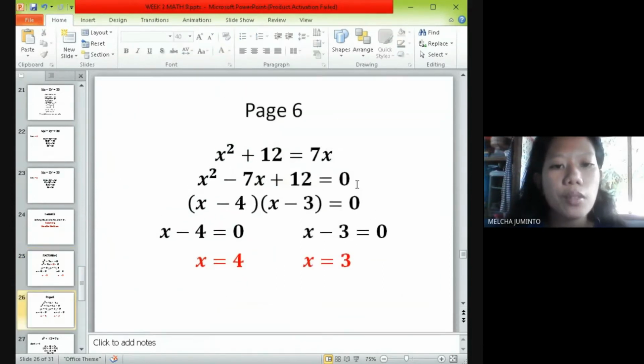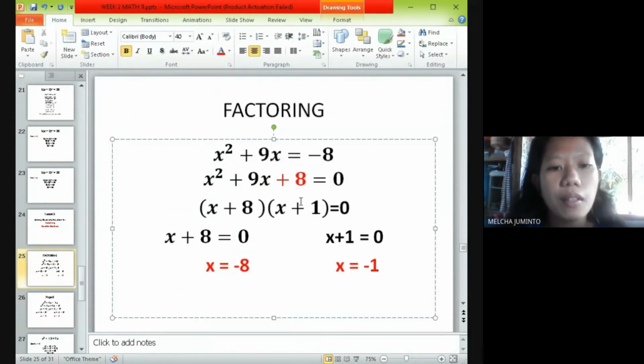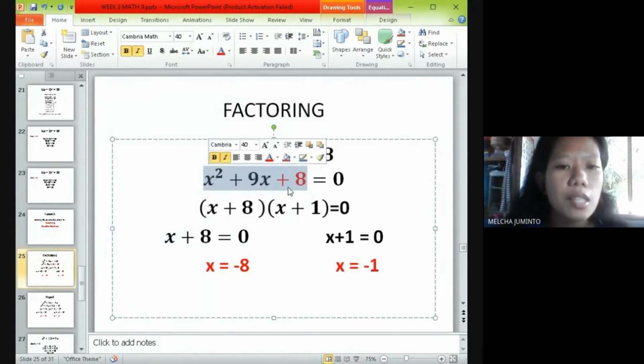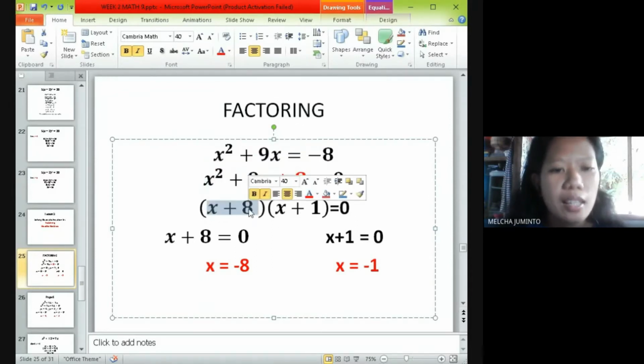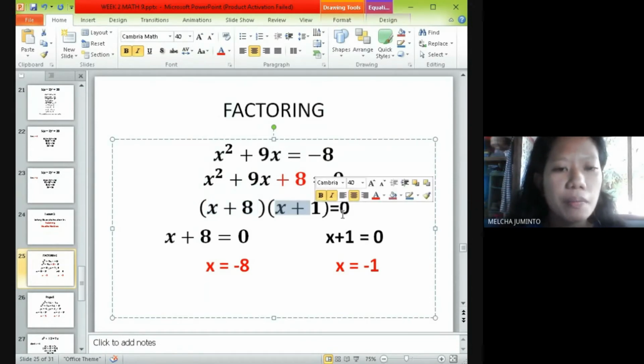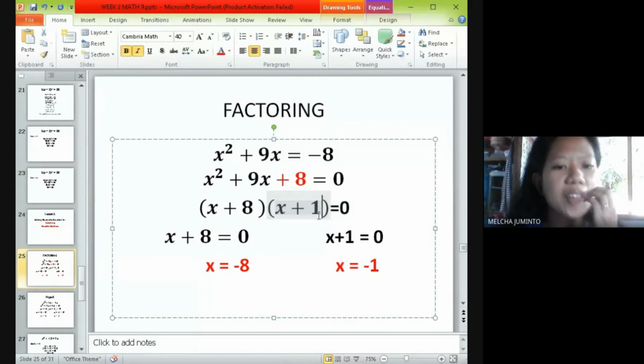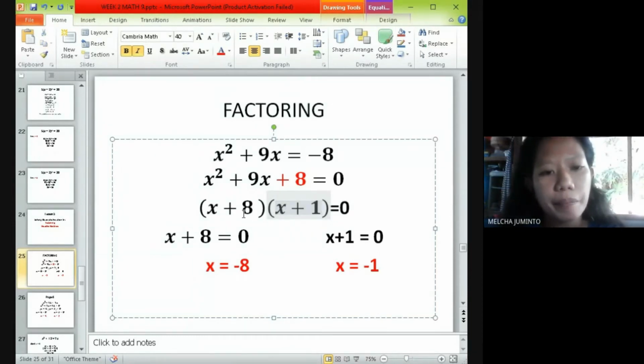Next step, factoring. The expression x squared plus 9x plus 8 is a trinomial. The two factors are two binomials: x plus 8 times x plus 1 equals 0. This is factoring a general trinomial, the lesson from grade 8.